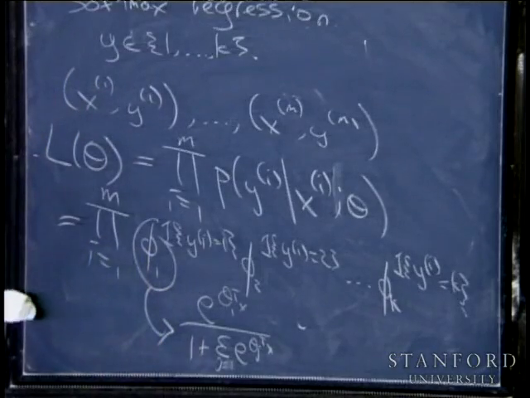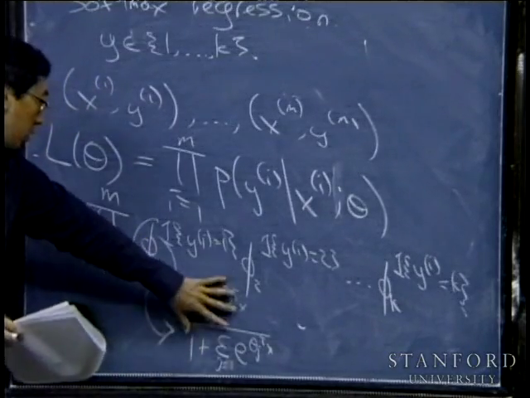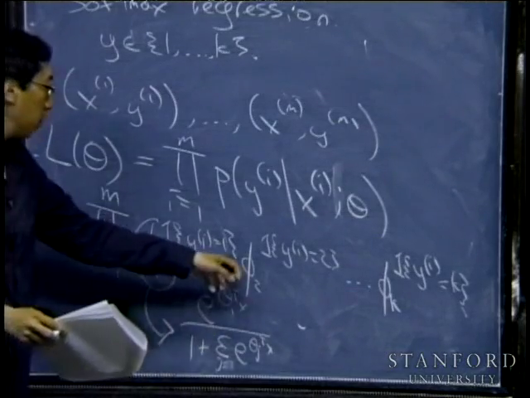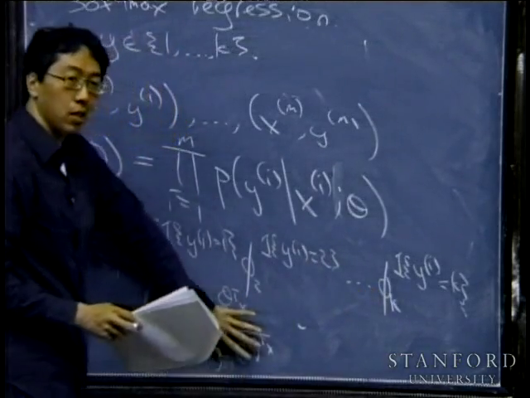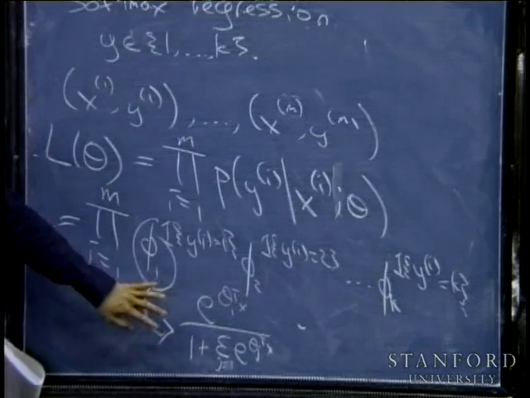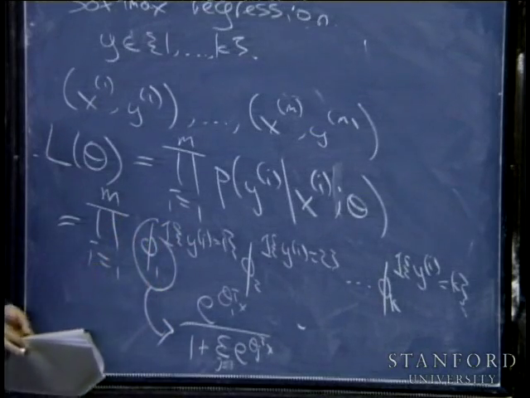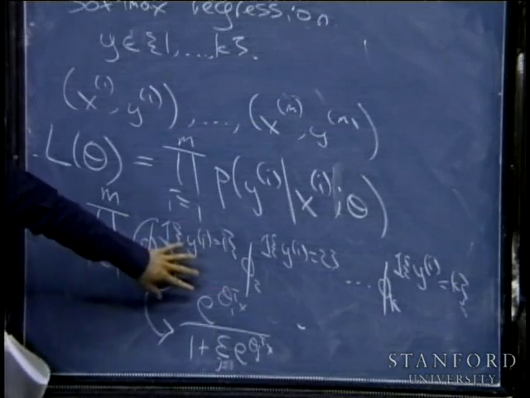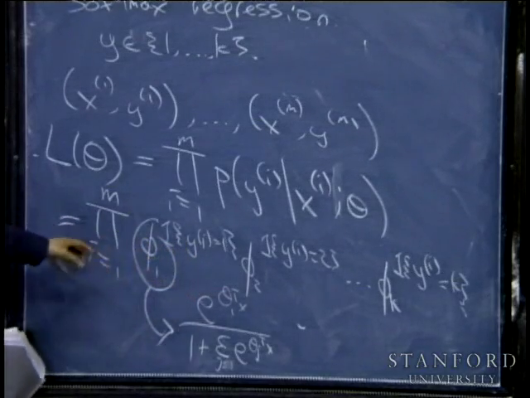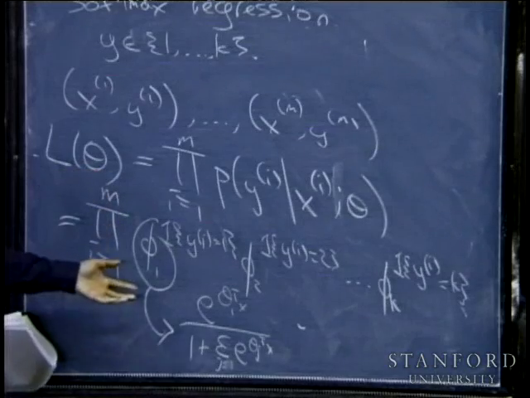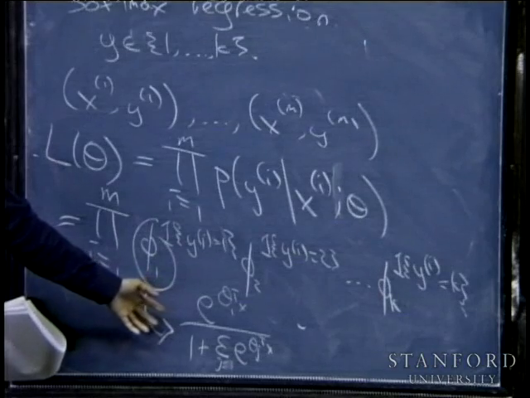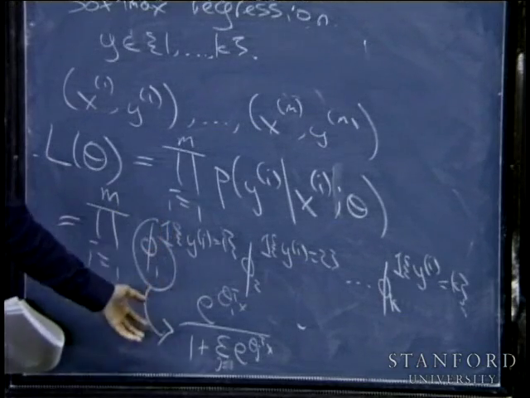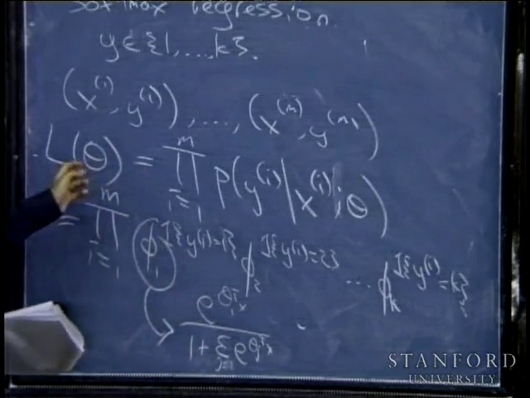And so phi 1 here is really shorthand for this formula, and similarly for phi 2 and so on, up to phi k, where phi k is 1 minus all of these things. This formula looks more complicated than it really is. What you really do is you write this down, then you take logs, compute the derivative of this formula with respect to theta, and apply, say, gradient ascent to maximize the likelihood.